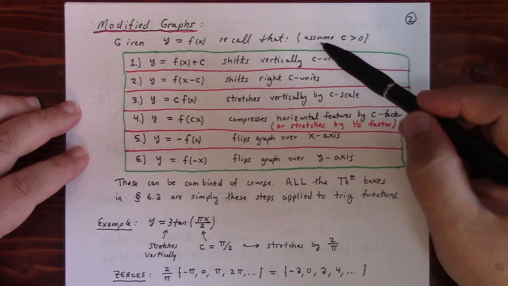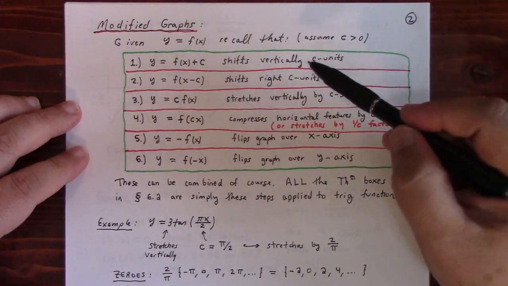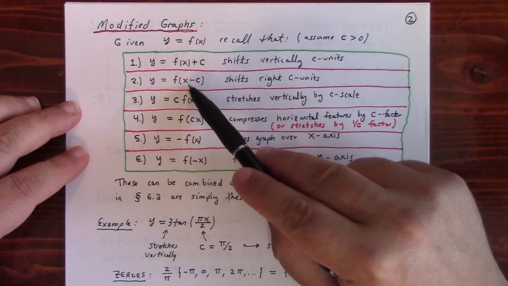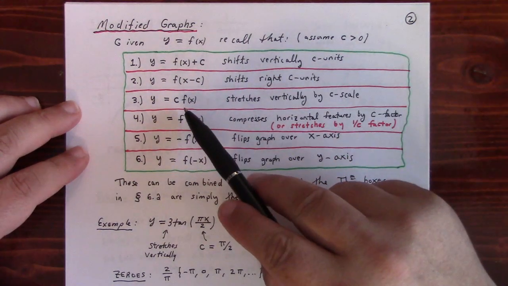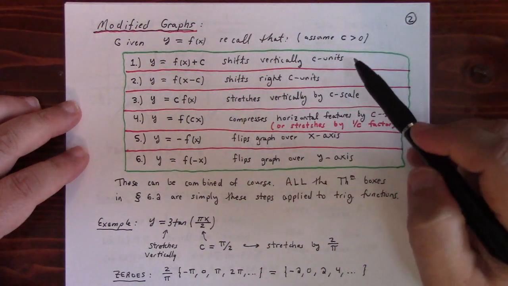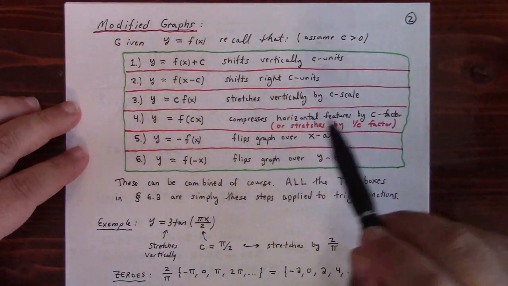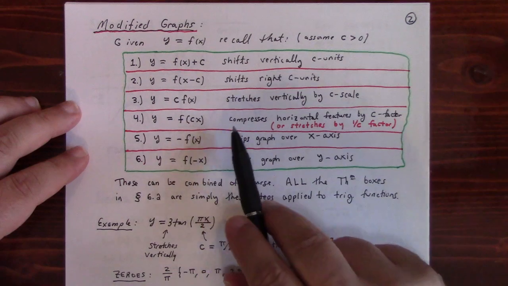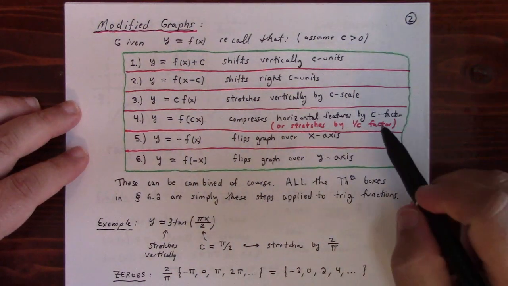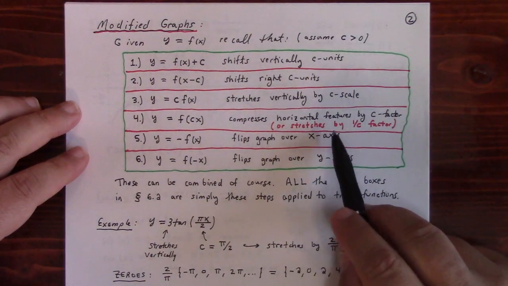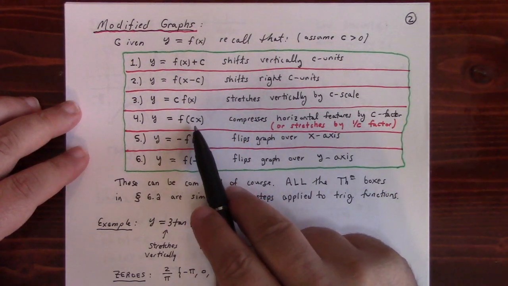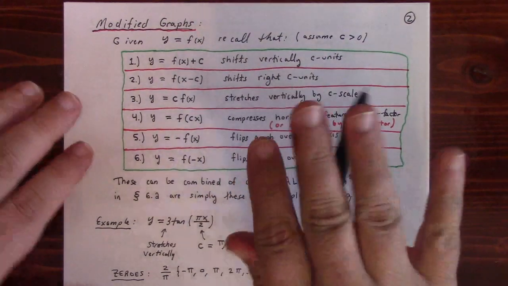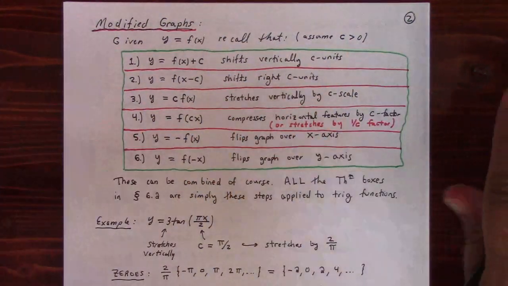If we add c, we shift vertically c units. If we take the argument and replace it by x minus c, we shift right c units. If we multiply by c, we stretch vertically by a scale factor of c. If we replace the argument with cx, we compress horizontally by a factor of c, or alternatively, you could say we stretch by a factor of 1 over c. So if I had x over 2 here, that would stretch the graph out horizontally by 2.